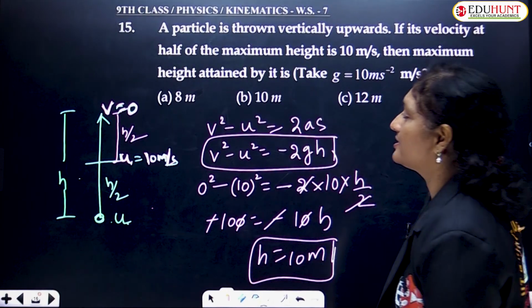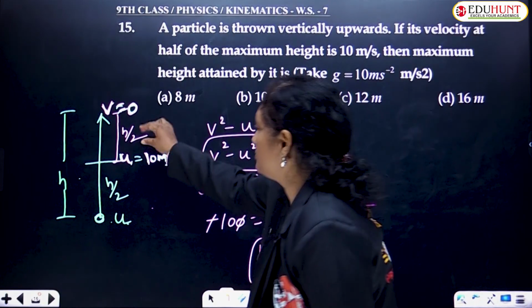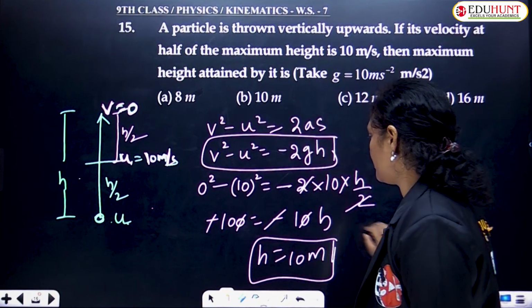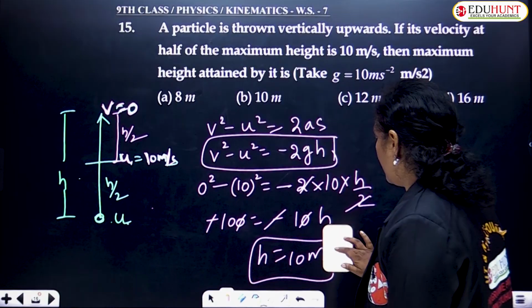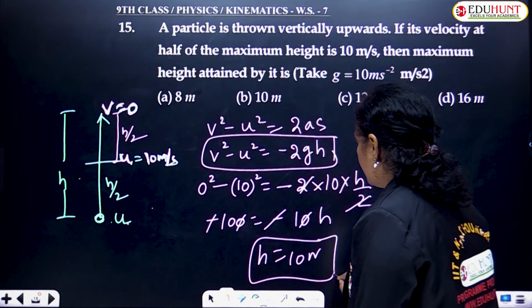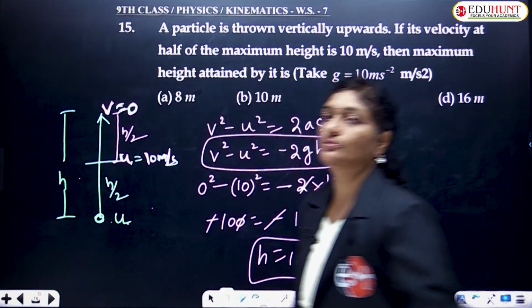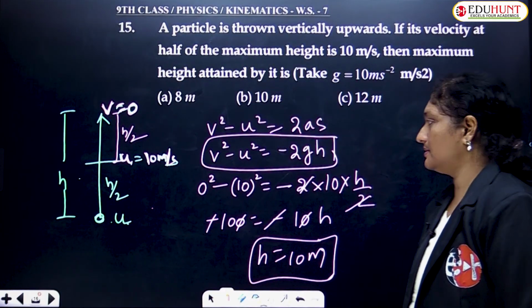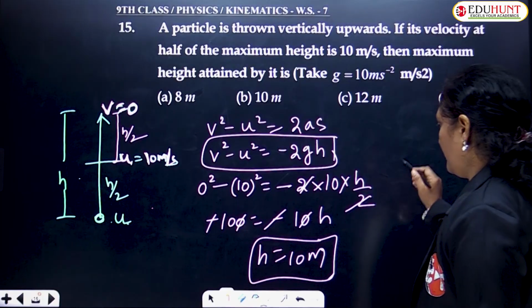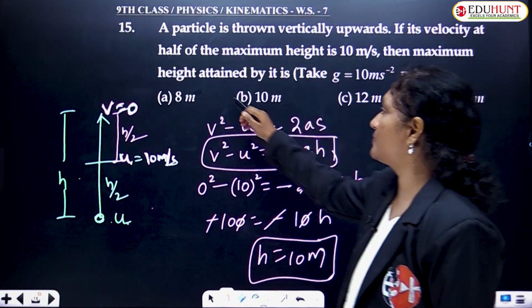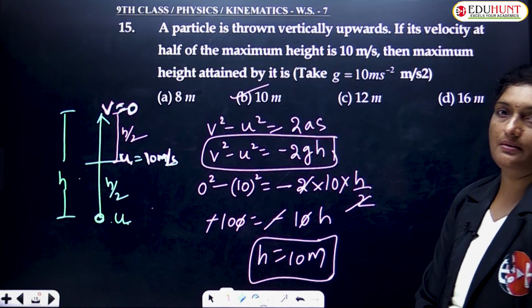What is the value of height, children? Though we substituted the value by taking h by 2, you got the answer for h as 10 meters. This total portion was found to be 10 meters. That's it, children. So the answer is option B, that is 10 meters.